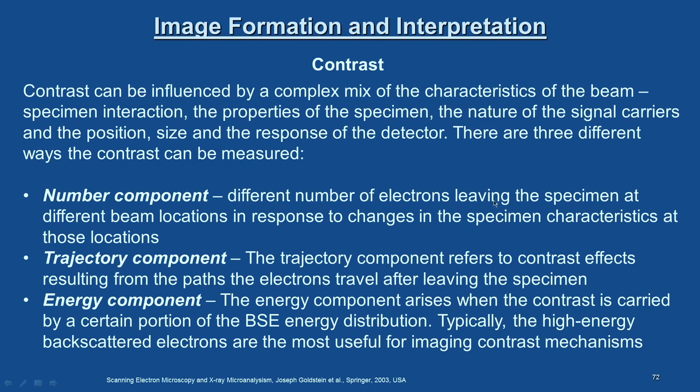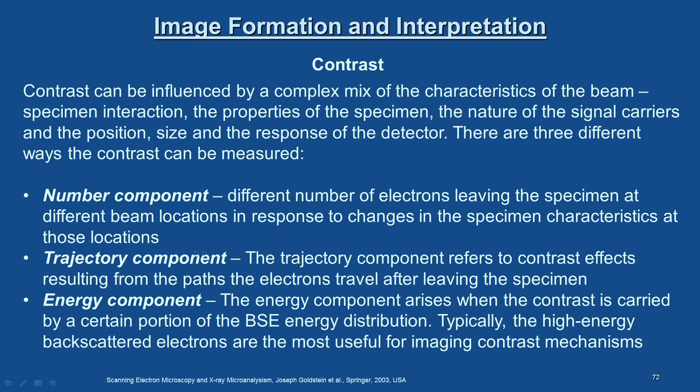Different numbers of electrons leave the specimen at different beam locations in response to changes in the specimen characteristics at those locations. So, how many electrons are coming out of the specimen surface is also an important aspect.